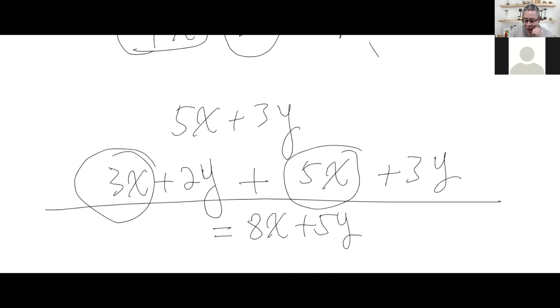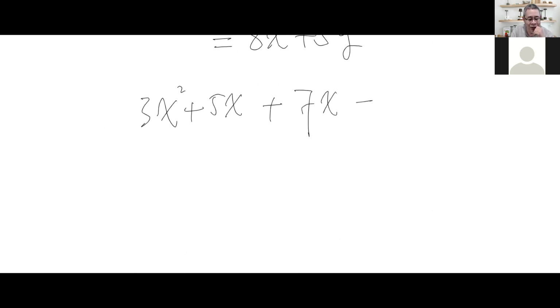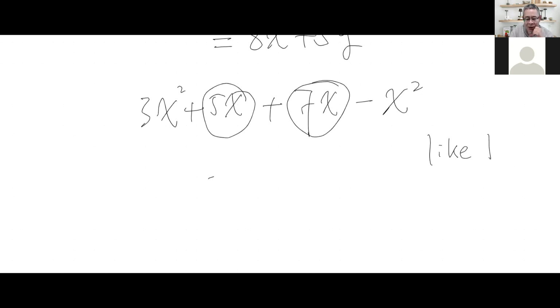Similarly, when you see something like 3x squared plus 5x plus 7x minus x squared, we can only combine 5x and 7x. Those are called like terms. We cannot combine x squared and x.